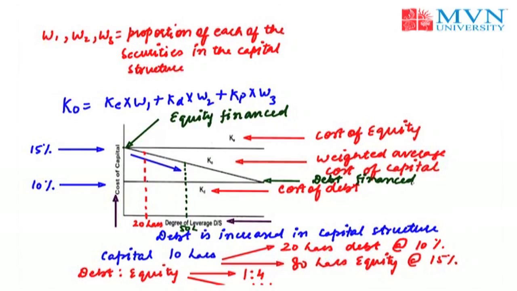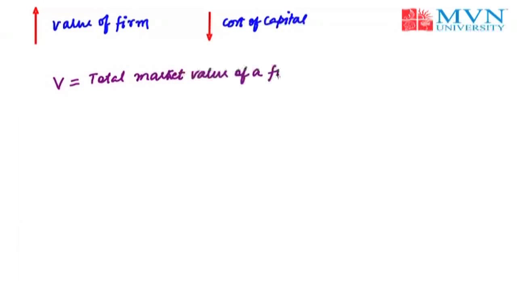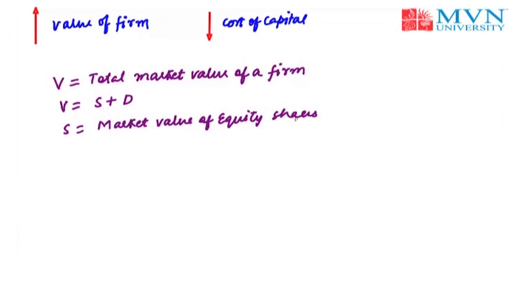We have discussed the relationship of the value of a firm with respect to the cost of capital. You very well know that when the cost of capital decreases, as we have seen in the previous model, then obviously the value of the firm should increase. Now the value of the firm is denoted by a symbol V, which stands for the total market value of a firm, and it can be calculated as S plus D, wherein S stands for market value of equity shares and D stands for market value of debt.